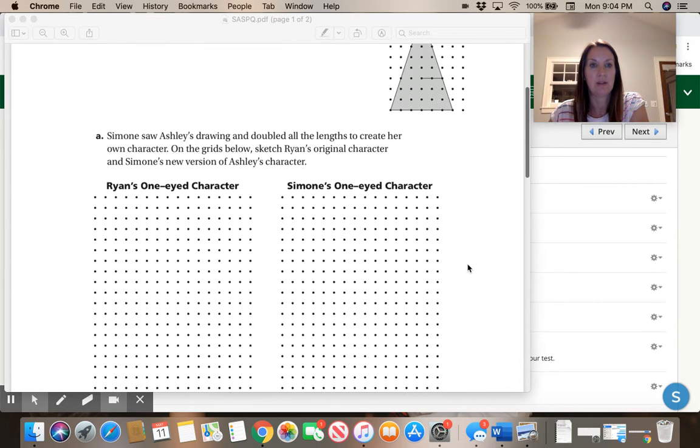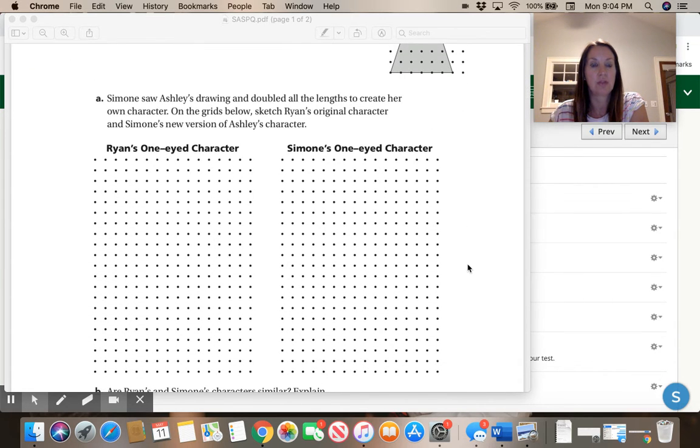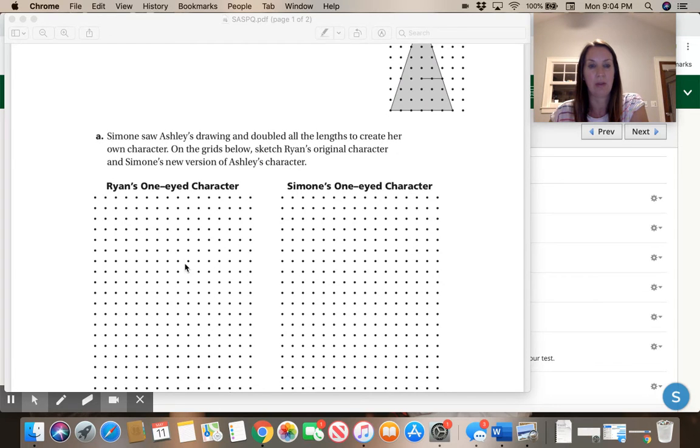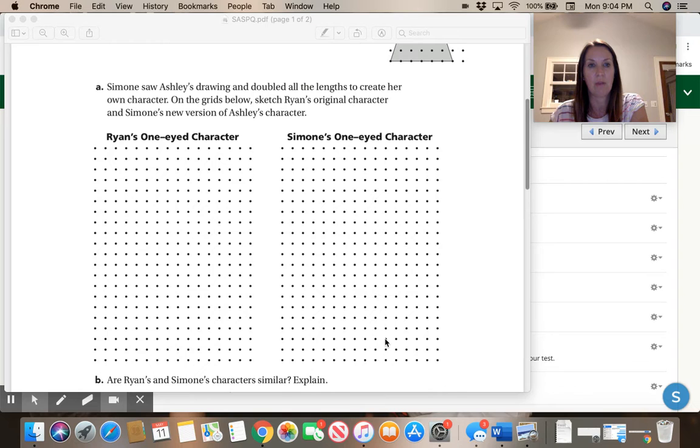Down below, Simone saw Ashley's drawing and doubled the lengths to create her own character. On the grids below, sketch Ryan's original character and Simone's new version of Ashley's character. So from Ashley's, figure out what would be the original. That would be this dot paper on this side. And then Simone went from Ashley's, she doubled the lengths to make her own.